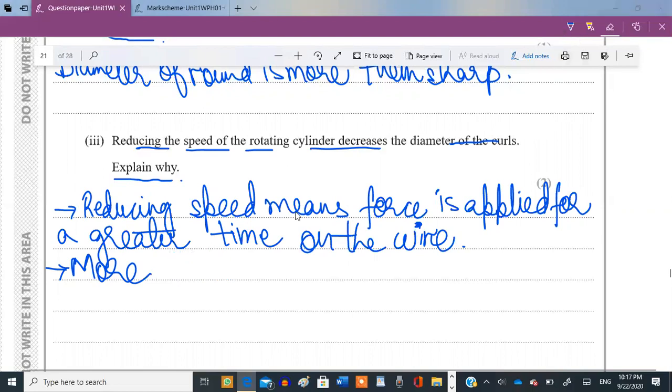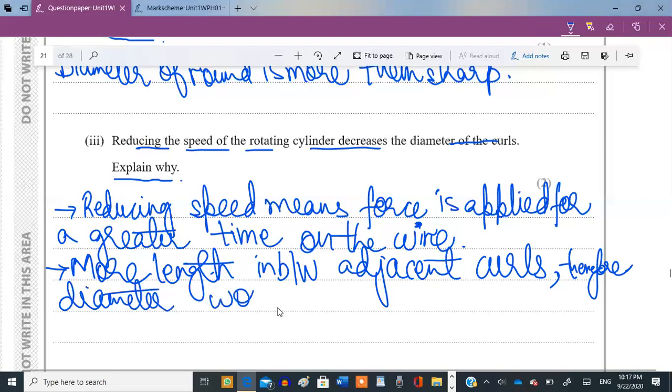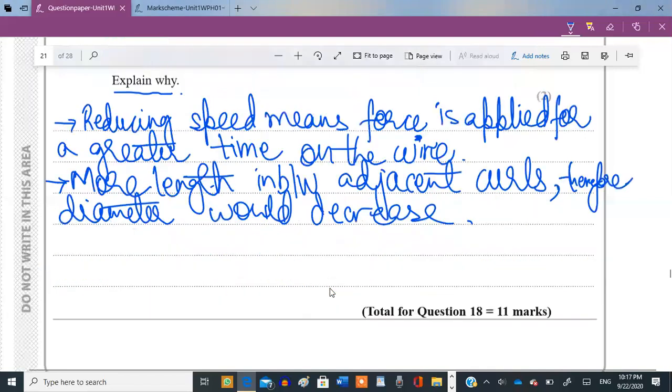There would be more length in between adjacent curls. Therefore, diameter would decrease. These are the only 2 points you required for this answer, because this was a 2-mark answer.